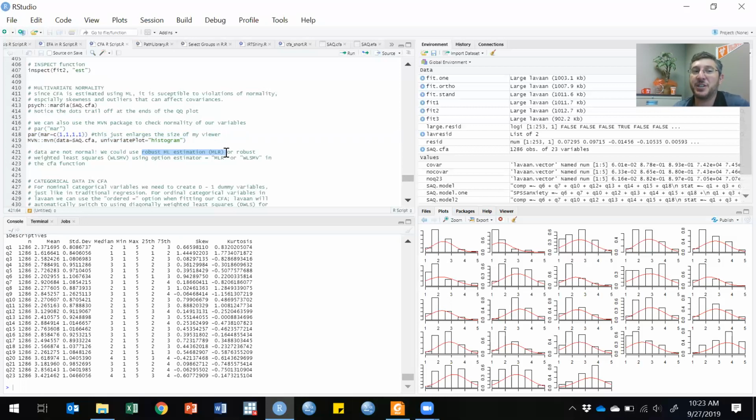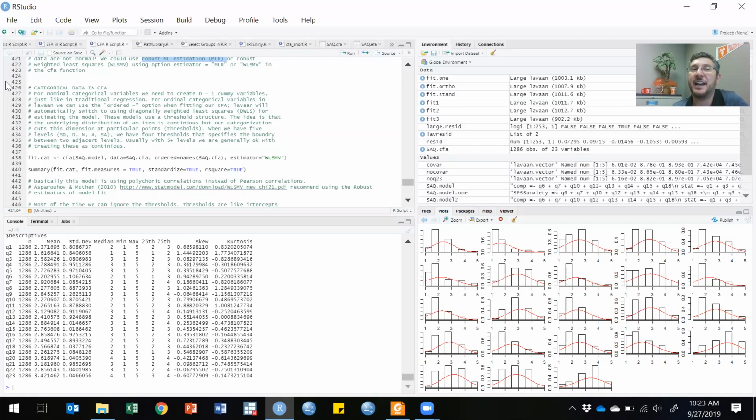Another option is to use the weighted least squares estimator, and lavaan also has a special function that works with categorical data. For nominal categorical data, you have to do just like you do in traditional regression analysis and create dummy variables. For ordinal variables, it has an ordered option, where it basically analyzes the polychoric correlation matrix and estimates thresholds for each one of the categories.